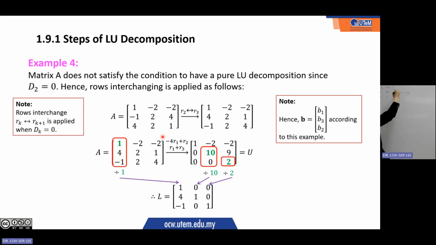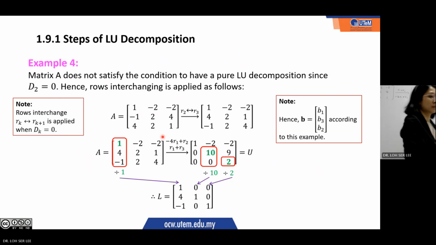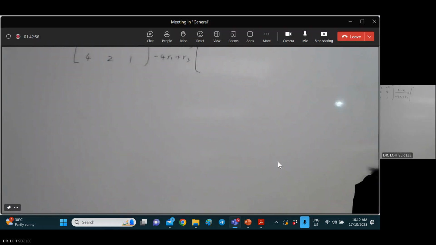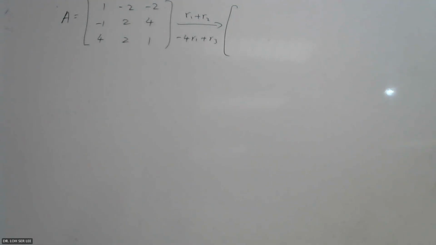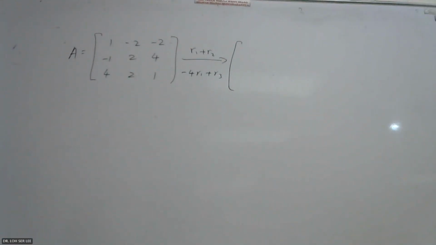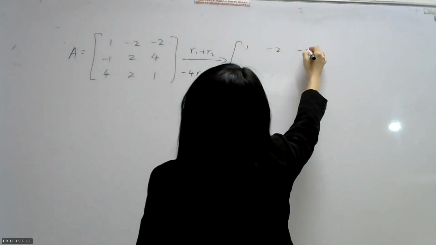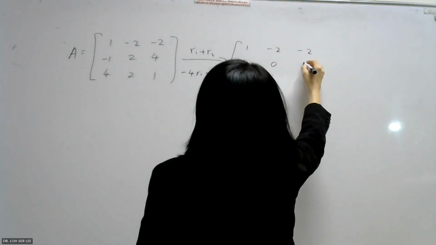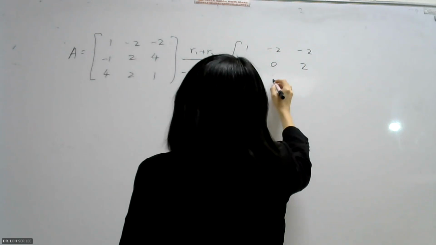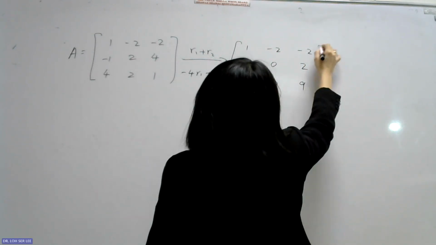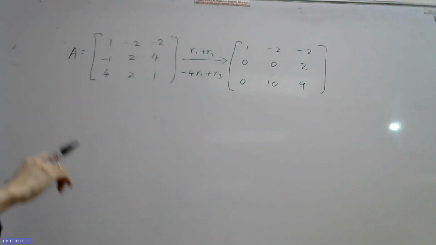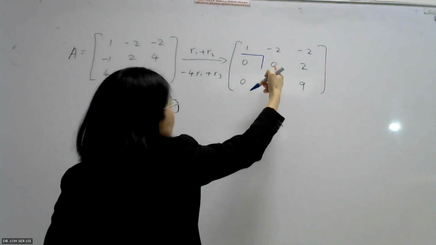Okay, so when we row reduce, R1 plus R2, -4 R1 plus R3. So you see, suppose this is non-zero.